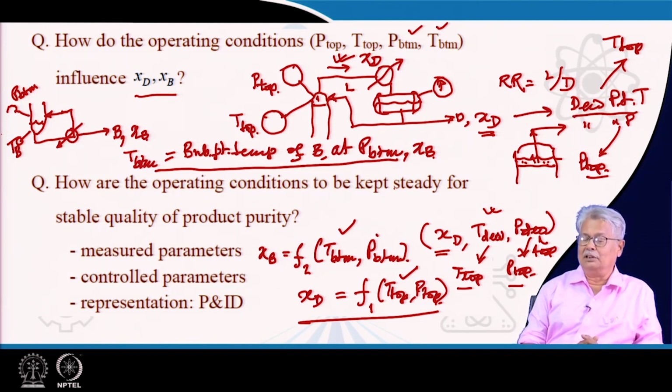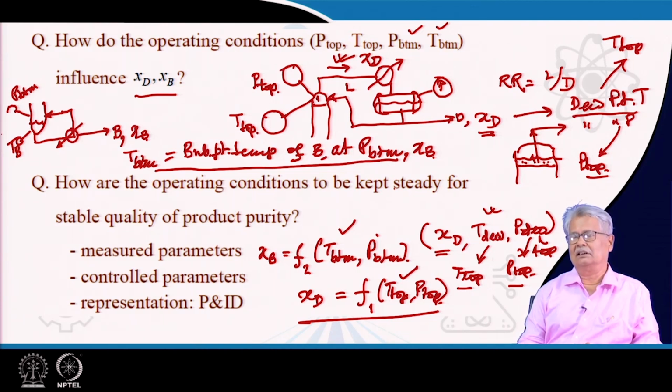Suppose we are talking about a 1.5 meter diameter column, and the column pressure fluctuates by approximately 0.1 kg per cm square. You will evaluate the pressure differential that it generates across the top tray. It will be in hundreds of kilograms force. That means such pressure surges are usually sufficient to dislodge trays.